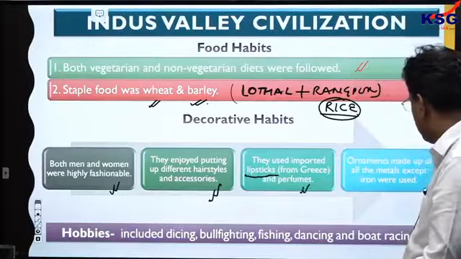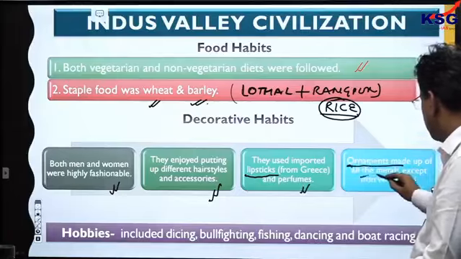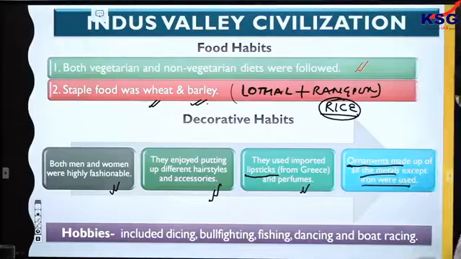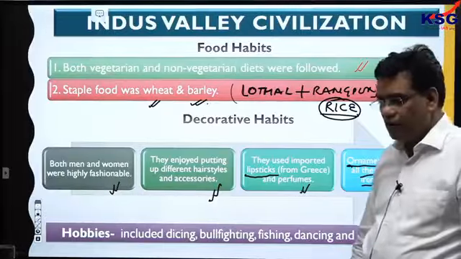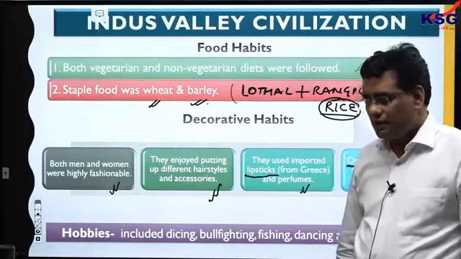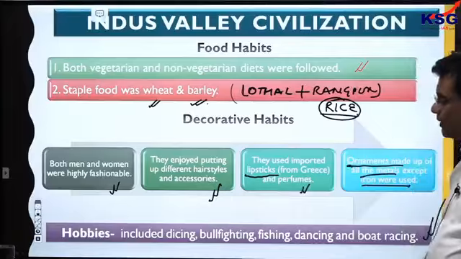Ornaments made of metals except iron were used. Dicing, bullfighting, fishing, dancing, boat racing, they had these hobbies. They can write these hobbies in their UPSC detailed application form.